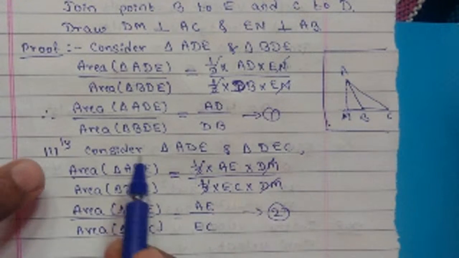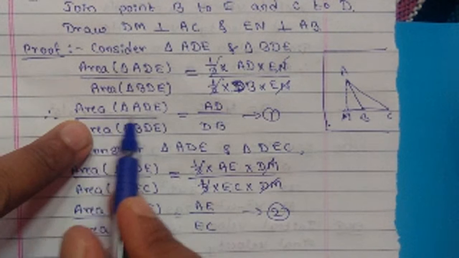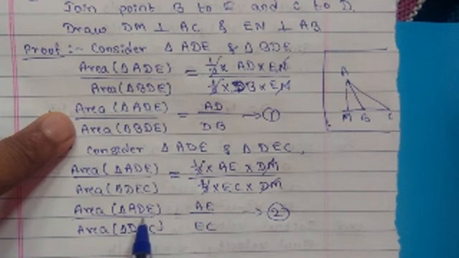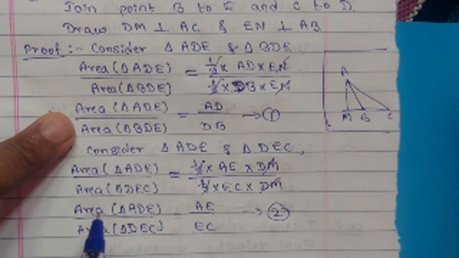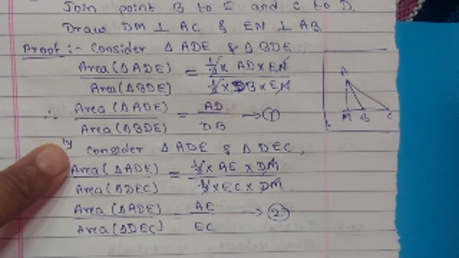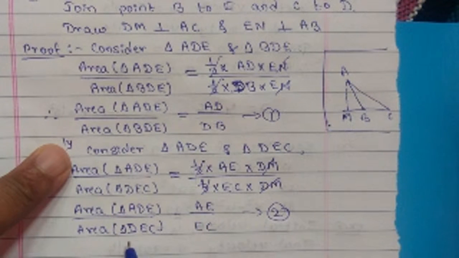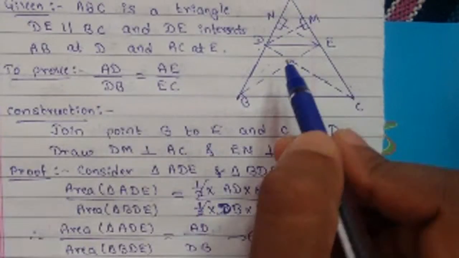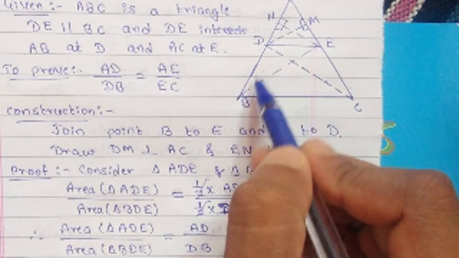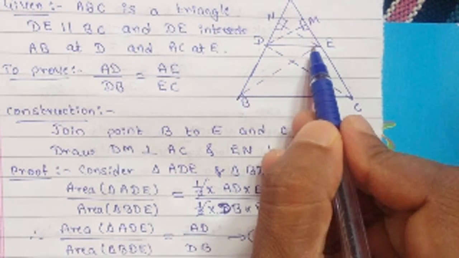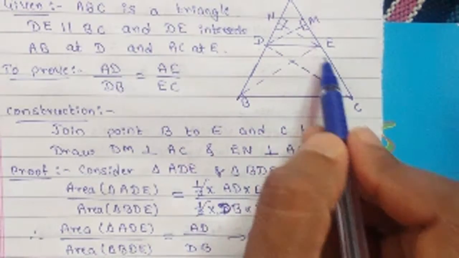You see here the numerator part is triangle ADE, and here also triangle ADE. So that means the numerator part is the same. Now we have to consider the denominator part. The denominator part is area of triangle BDE and area of triangle DEC. See here, area of triangle BDE, this triangle, and area of triangle DEC, this triangle.